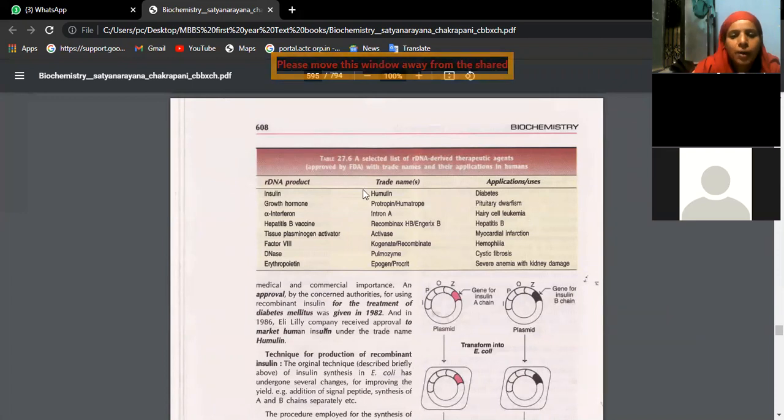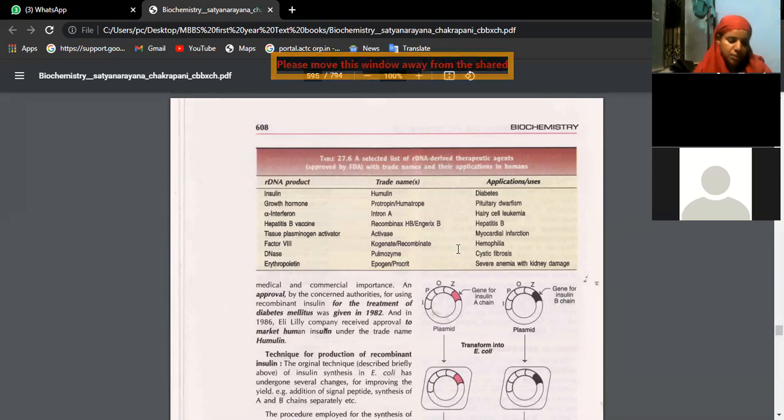Growth hormone, the trade names we are using are Protropin, Humatrope, used in case of pituitary dwarfism. Like that, we have a few examples. Because he is asking for uses, it's better you give at least 6 to 7 examples. These are the names of diseases, these are the trade names of the rDNA protein which is synthesized, and this is the rDNA product, trade name, and the disease.